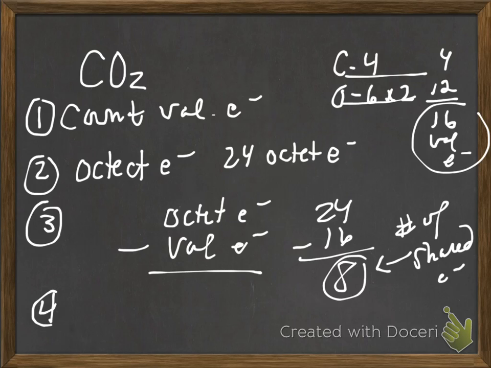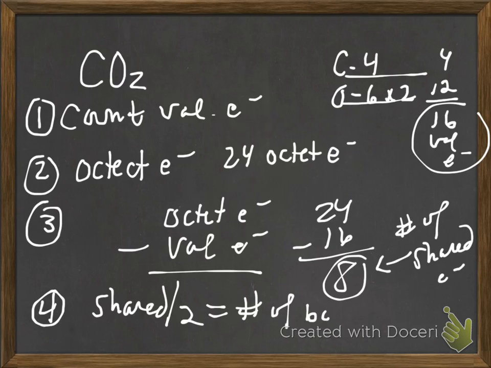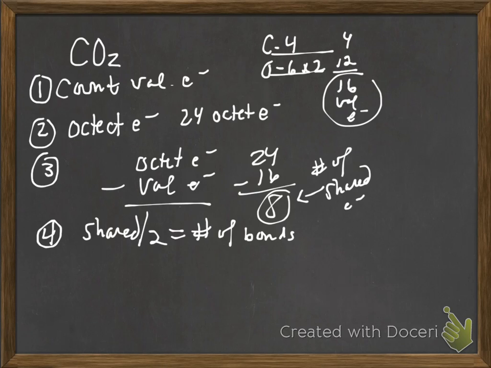Well, a single shared bond involves how many electrons? Hold up fingers. 2. So we take that number of shared electrons and we divide it by 2. And what that tells us is the number of bonds that we should see in this structure. 8 divided by 2 is 4.